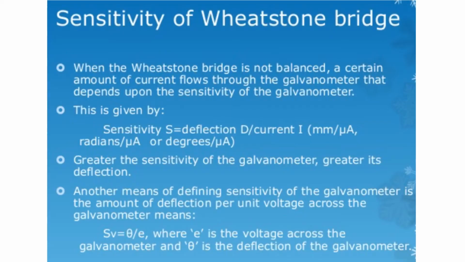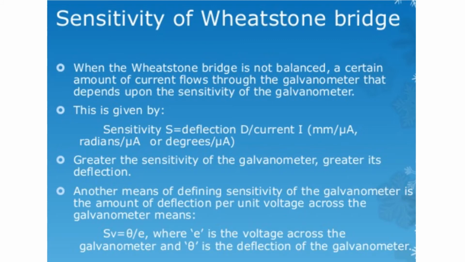Next is the sensitivity of the Wheatstone bridge. When the Wheatstone bridge is not balanced, a certain amount of current flows through the galvanometer, which depends upon the sensitivity of the galvanometer. The sensitivity S is given by the deflection D divided by the current I. The unit is millimeter per microampere. The greater the sensitivity of the galvanometer, the greater its deflection.